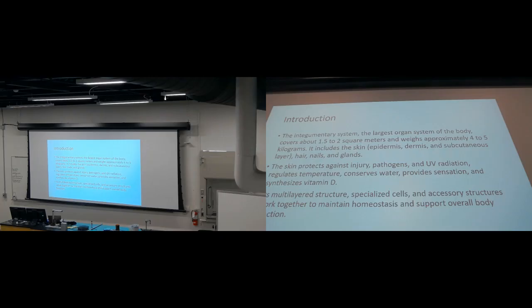The accessory structures, which are the hair and the nails, provide a complementary function because they also protect. For instance, our nails help us to grab objects, but also help protect not only the fingertips, but also against aggression, for instance.